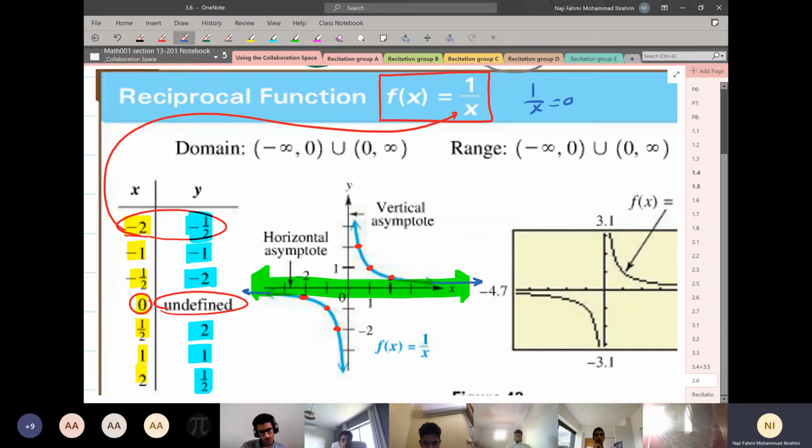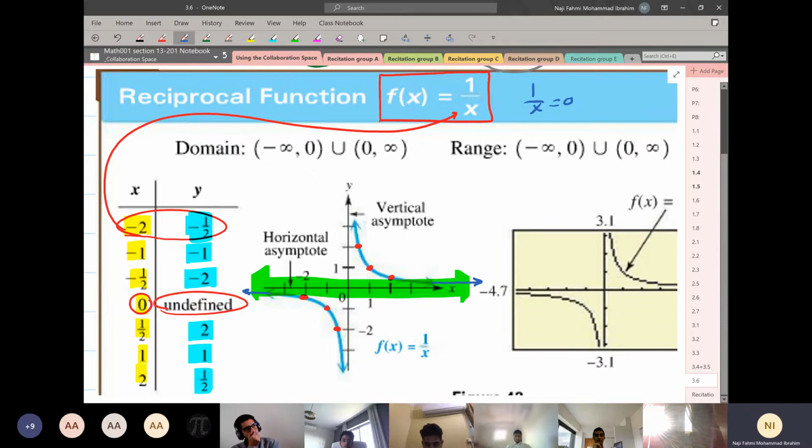If I take a larger value for x, what will the value of y be? If I replace x by 100 in the function, what's the value of y? 1 over 100. It's a very close number to 0. And if I replace x by 1000, I will have 1 over 1000, which is again closer to 0.